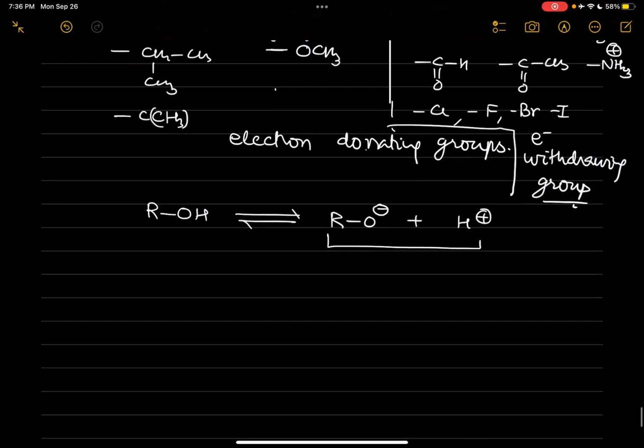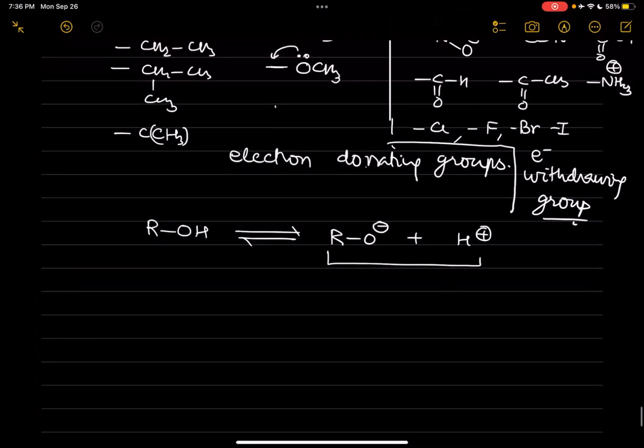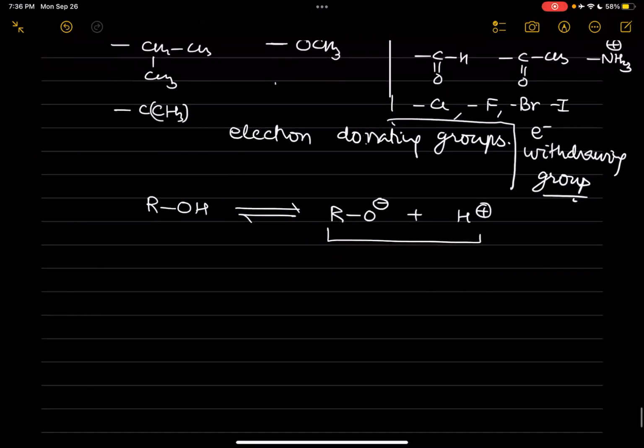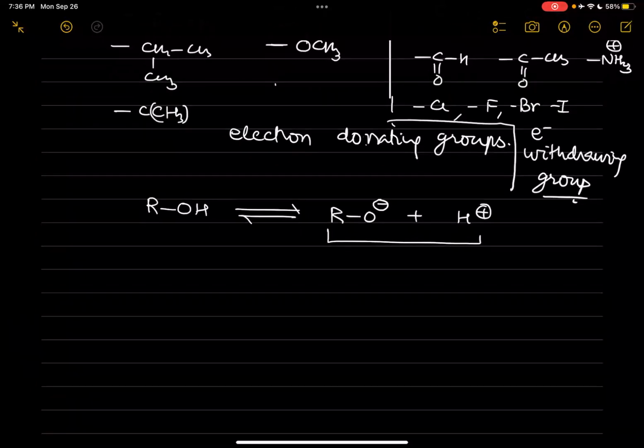Anushka? Actually, this is measured by a constant known as Ka, the equilibrium constant, which tells us which one has dissociated more into its ions.